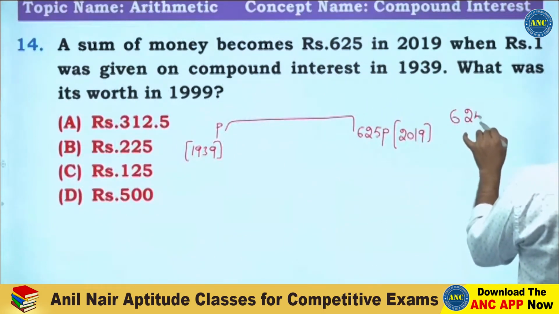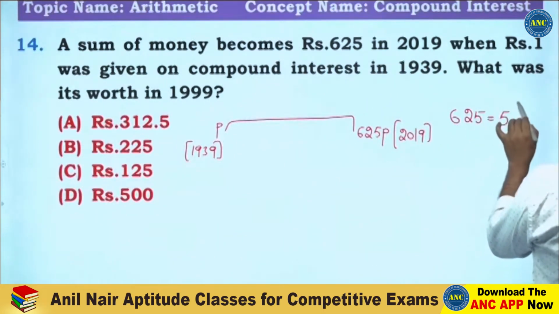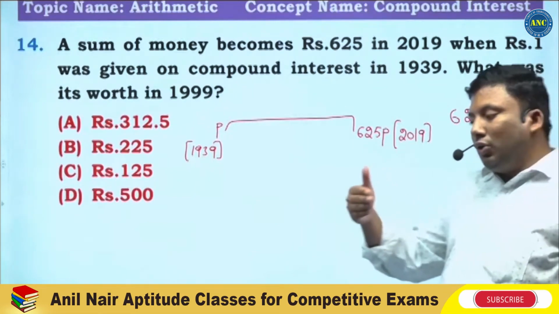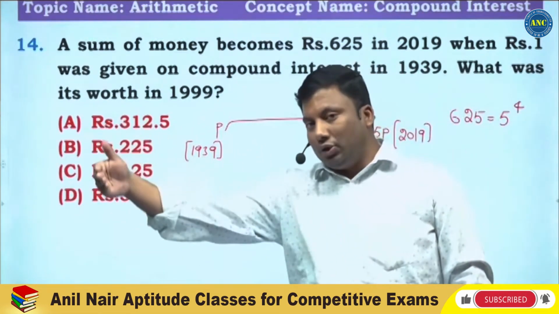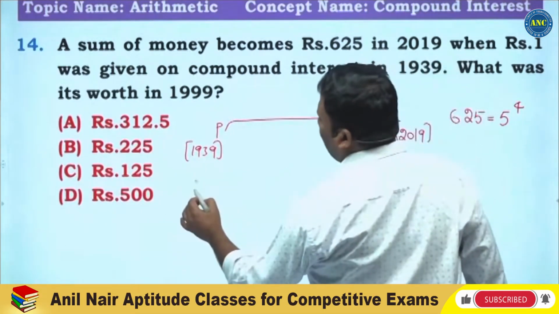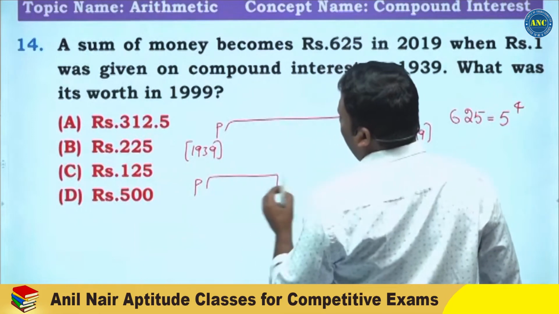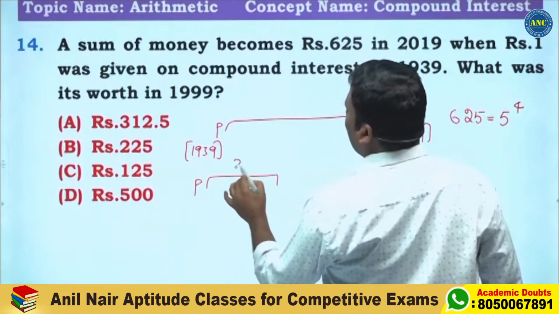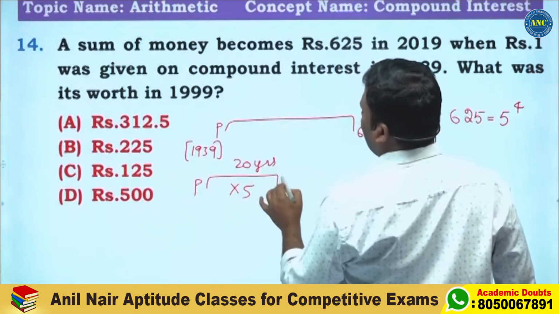Write 625 as a power of 5, which is 5 power 4, that means into 5 into 5 into 5 into 5. The time period should be the same. That means for every 20 years, P is multiplied by 5.